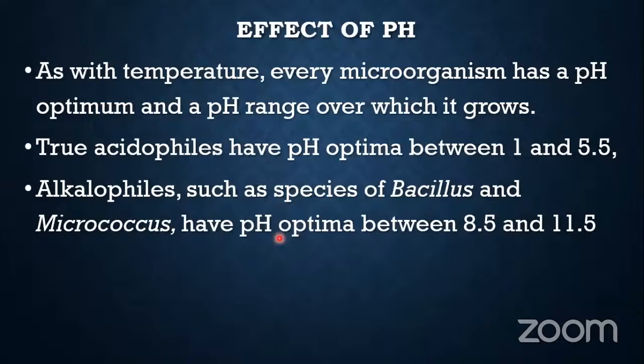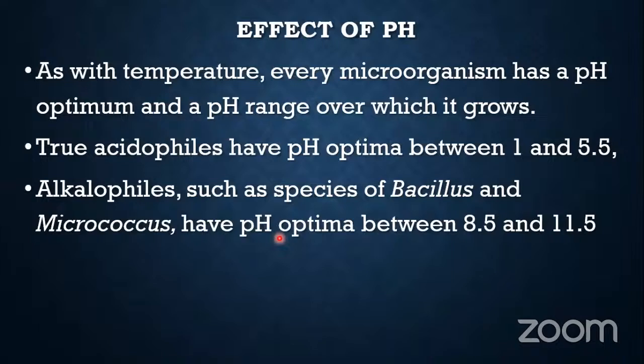The acidophiles are those that love lower pH, between 1 and 5.5, whereas the alkalophiles prefer pH between 8.5 and 11.5 and above.